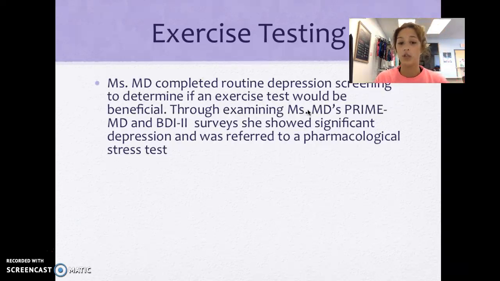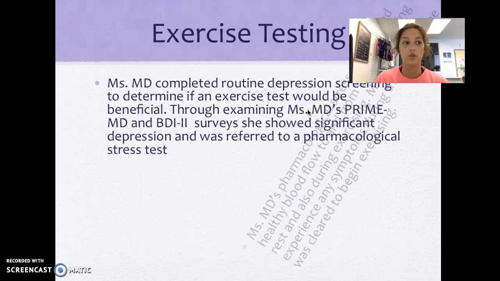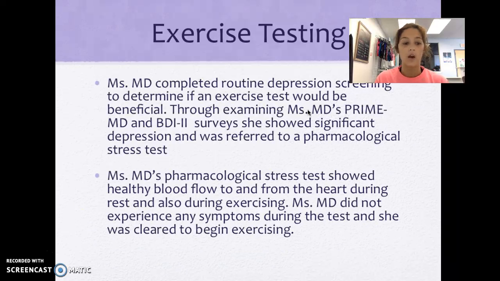Her survey showed she has significant depression and was referred to a pharmacological stress test, as opposed to a regular stress test, where results often vary with individuals who are experiencing depression for a few different reasons. Her pharmacological stress test showed healthy blood flow to and from the heart during rest and also during exercising. She did not experience any symptoms during the test and was cleared to begin exercising.